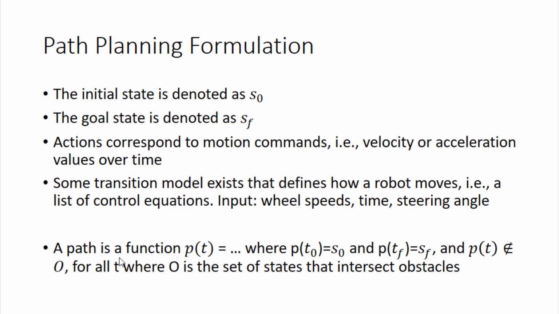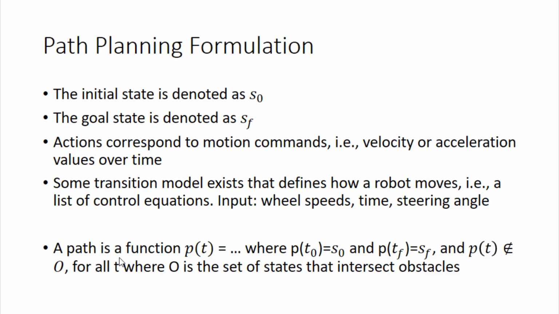And then for all t, no point on our path is going to intersect obstacles. So we have this set O, and that means it's the set of all states that intersect obstacles. So we can check p of t for any state in O, and we just want to check that we're not actually intersecting obstacles on our path.